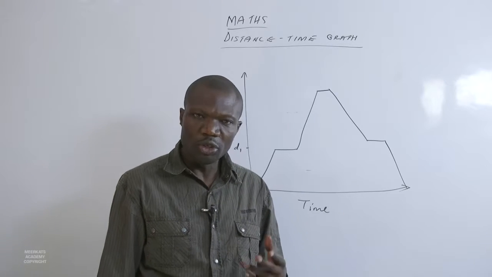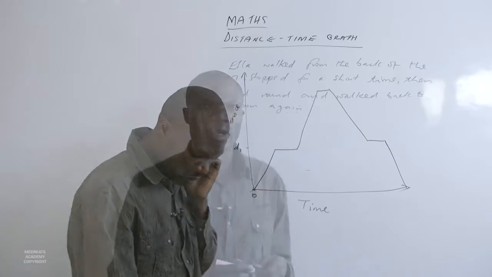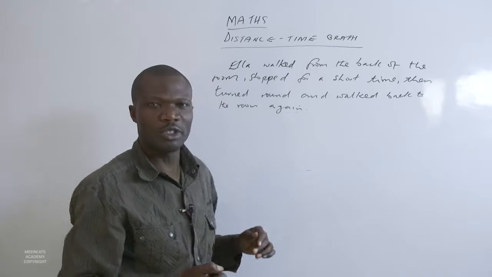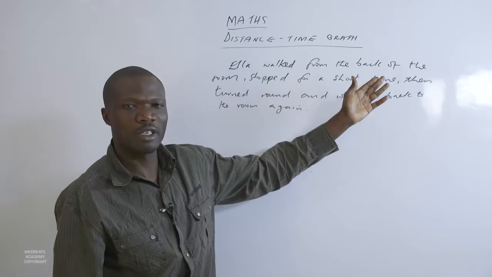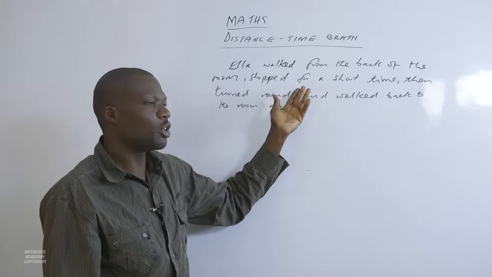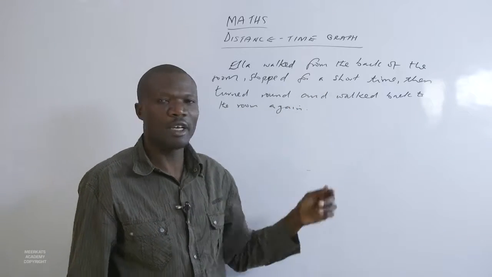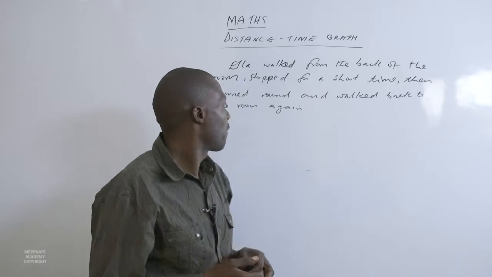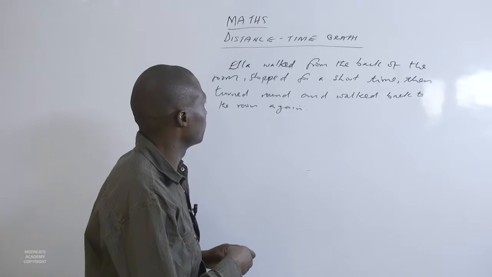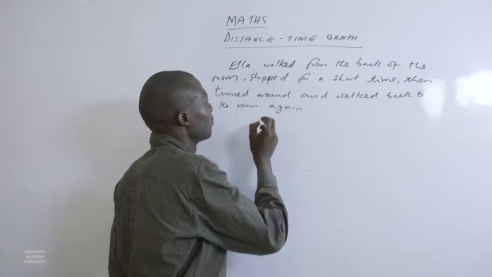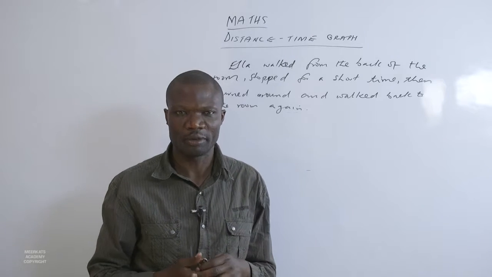I want us to look at a few situations which can be described on a graph. Now, we have a situation here. Ella walked from the back of the room, stopped for a short time, then turned around and walked back to the room again. Now, this information, we want to put it on a graph.